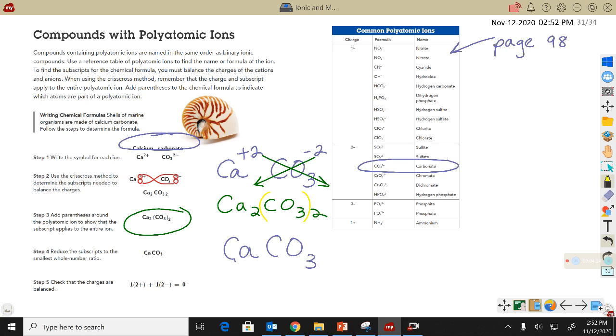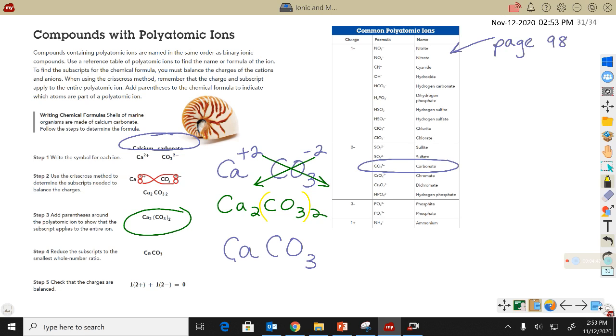But do you see what happened? I crisscrossed a 2 and a 2, and in the end, I need to report my formula as the simplest repeating pattern of the crystal. Well, 2 to 2 would always simplify down to a 1-to-1 ratio anyways. So your final formula doesn't need the parentheses.